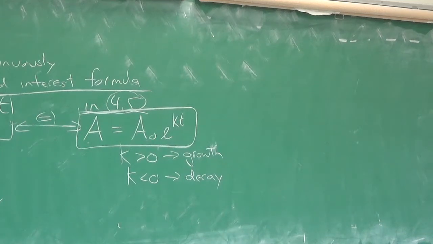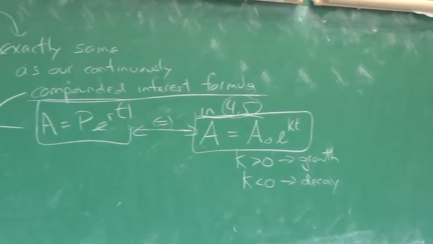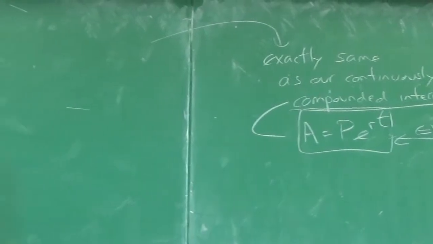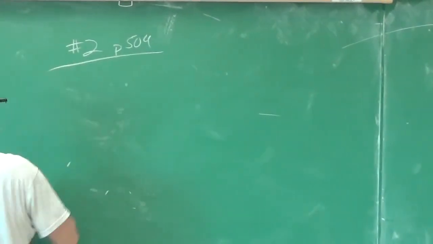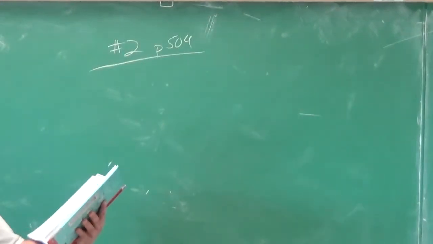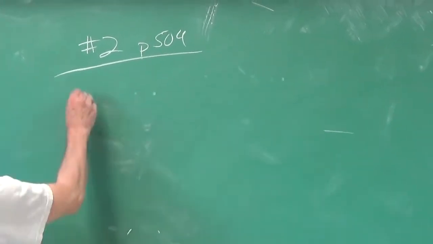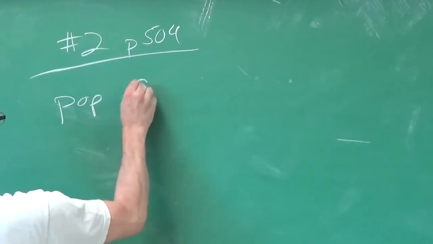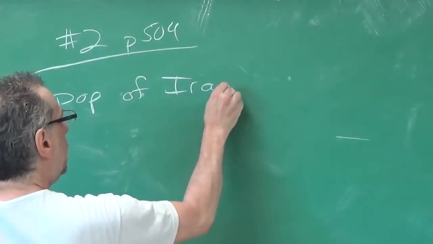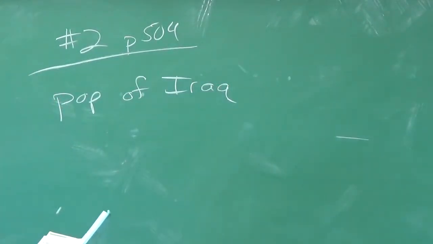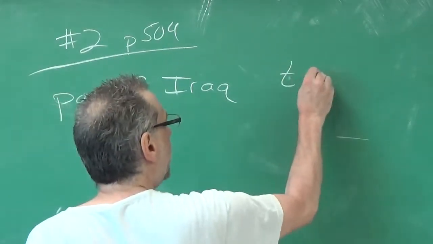So I'm looking at number 2 on page 504. Number 2 has to do with the formula for population in Iraq. So we're looking at the population of Iraq t years after 2010.